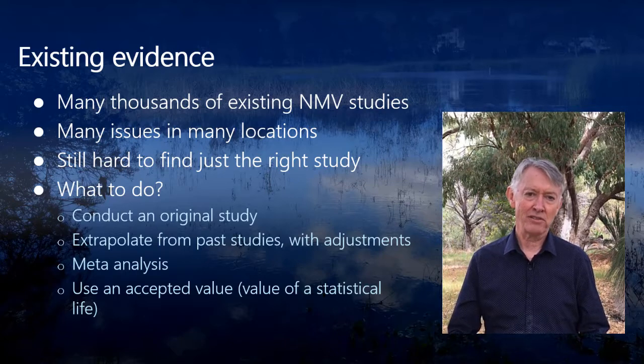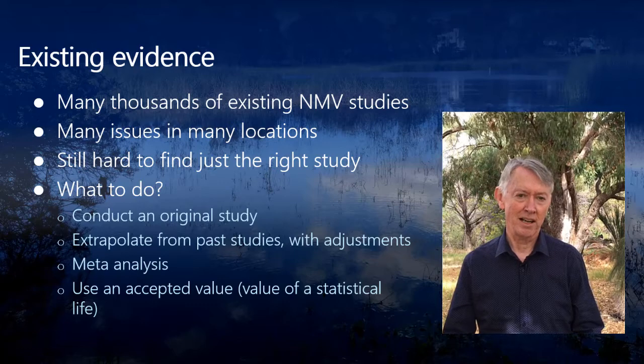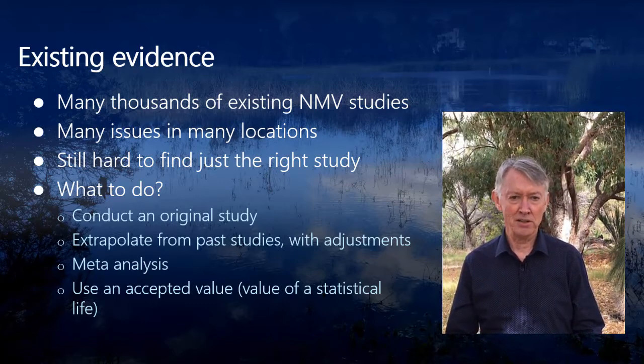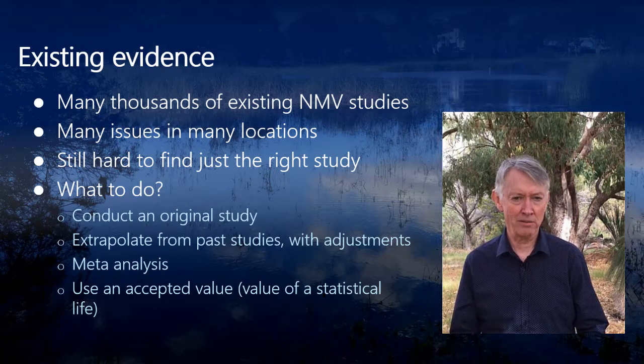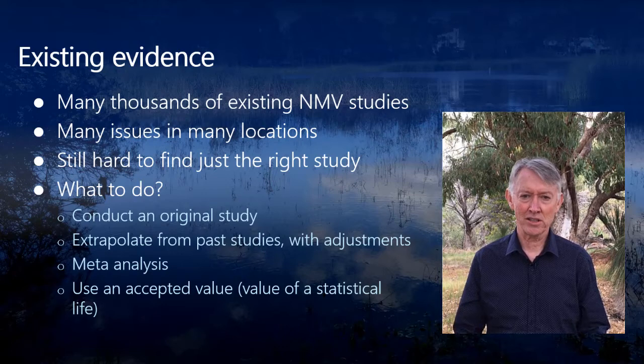There are many thousands of existing non-market valuation studies that we can draw on to obtain estimates of these values. And these are available for many issues in many locations, particularly for environmental issues. Although it can still be hard sometimes to find just the right study for your project that you're trying to evaluate. So what can you do?